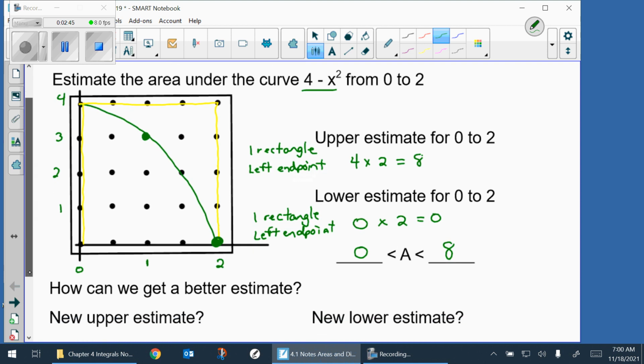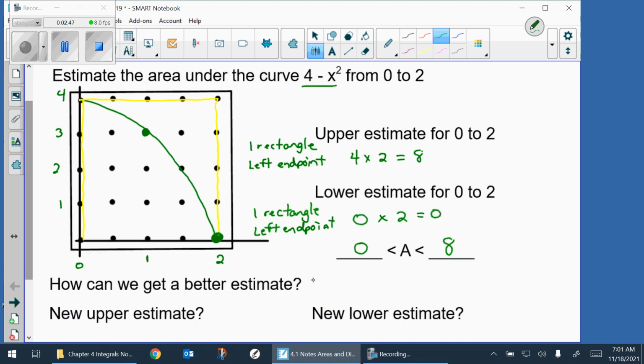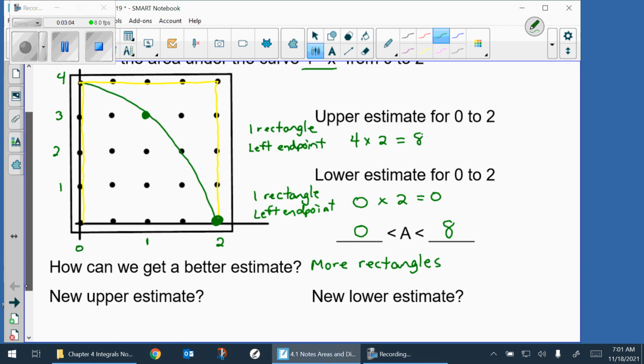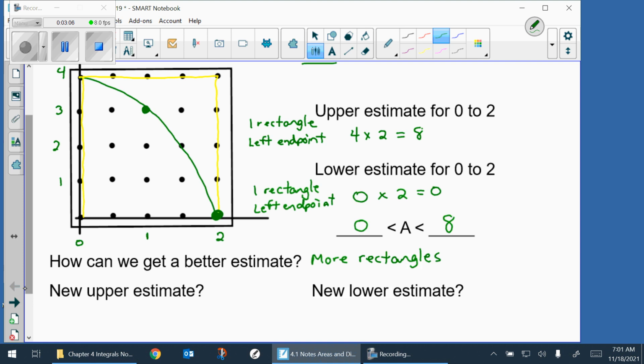So how could we do a better job? Well, since rectangles are really easy to find the area of, let's make more than one. Now again, we're still pretty lazy, so let's only make 2 rectangles.